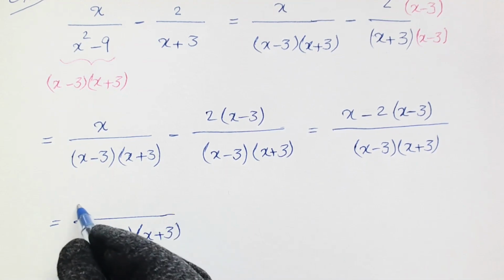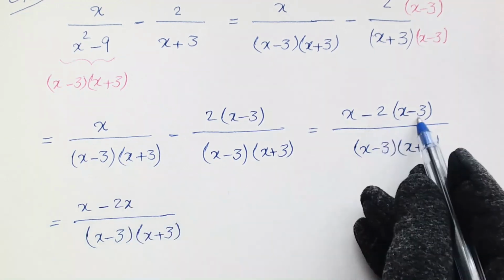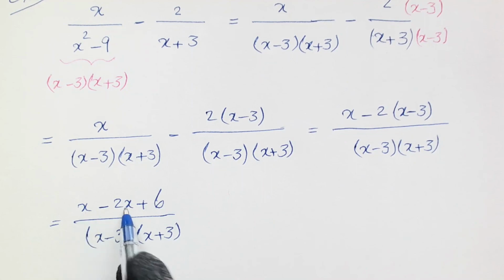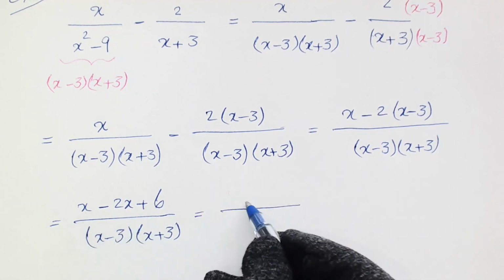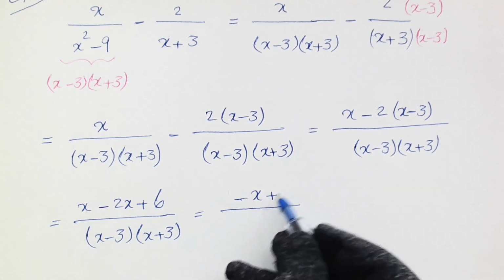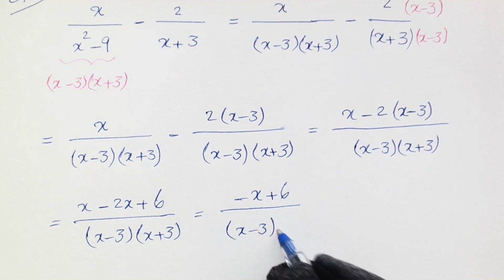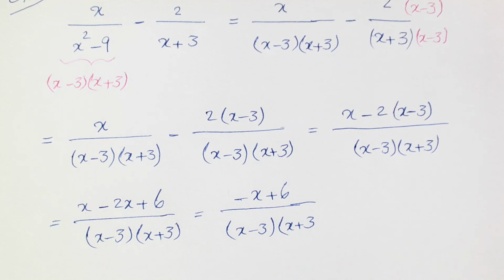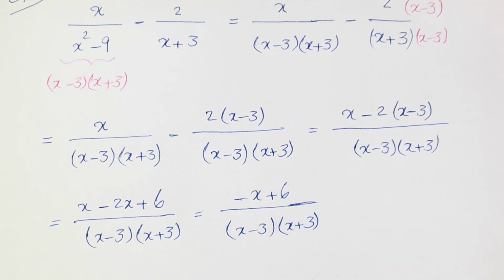And the top of the fraction is x minus 2x, negative times negative is positive, plus 6. x and negative 2x are similar terms. x minus 2x is negative x, plus 6, over x minus 3 times x plus 3. This is the final answer for this question.